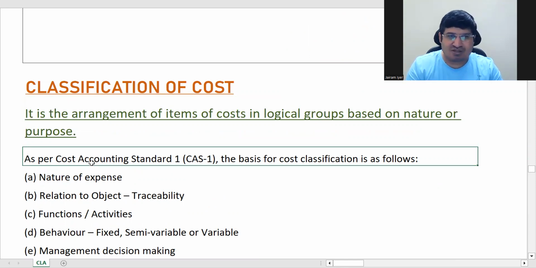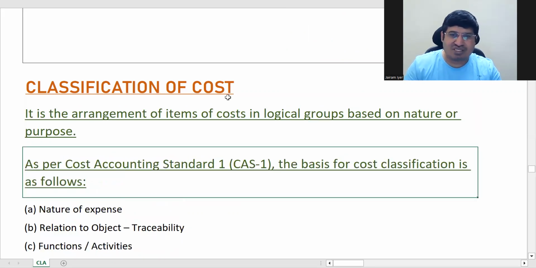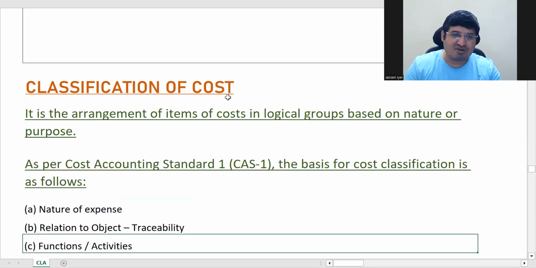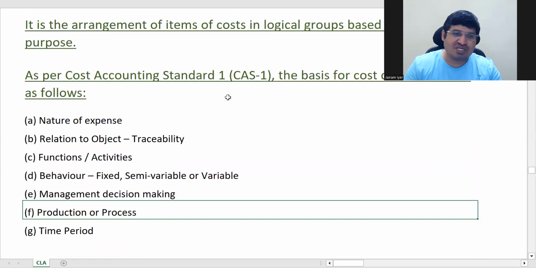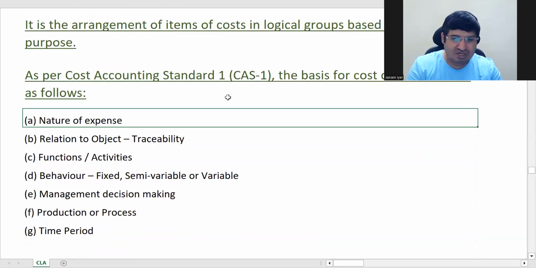We will also be studying cost accounting standards, called CAS, which is one of your chapters. As per CAS 1, the bases for cost classification are as follows. You can classify using any of these bases.